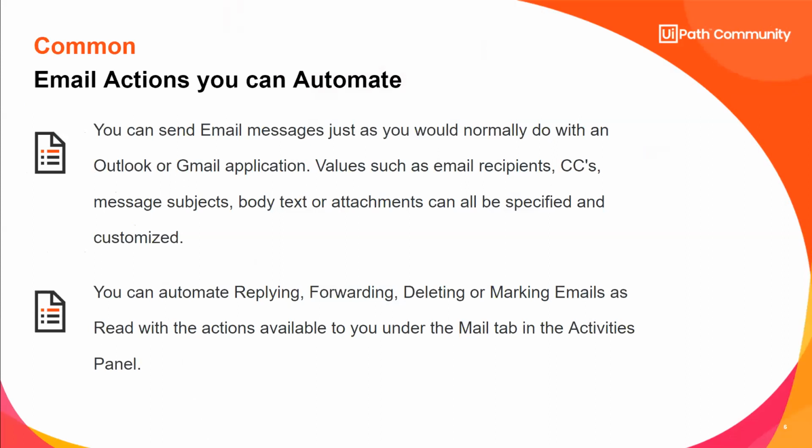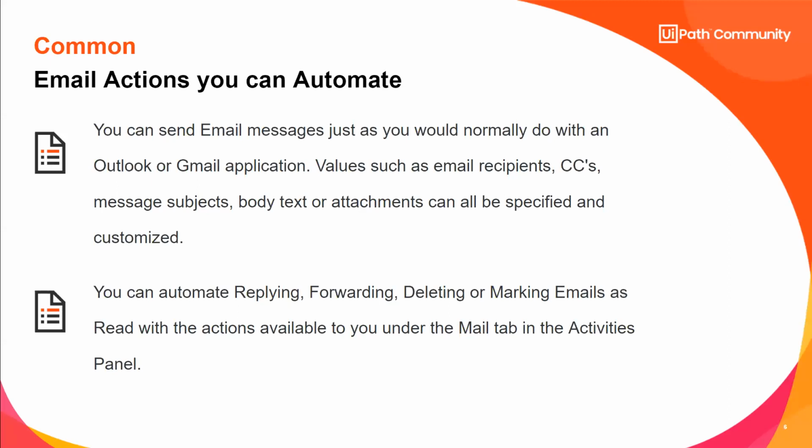Now, what are the common email actions that we can automate? You can send emails just as you would do normally. Create an email message, type in the body, type in the email to address, type in the email subject, copy some people, add some attachments. You can do that too in Studio X, and we're going to see that very soon. And apart from just sending email messages, you could automate replying to messages, forwarding, deleting emails.